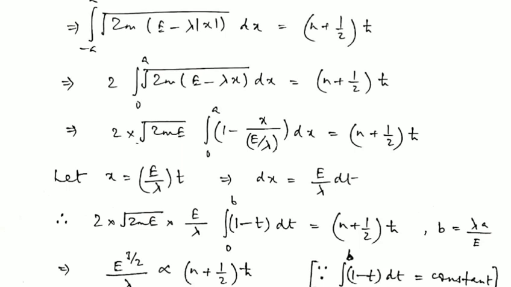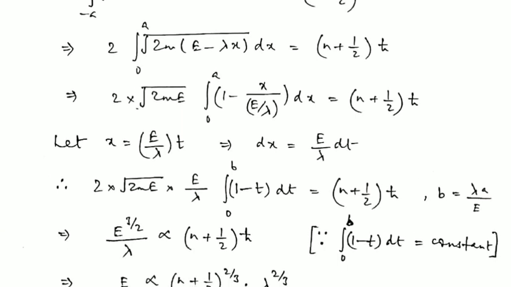We're only concerned about the functional dependence of E with lambda, which can be written from this equation itself as E to the power 3 by 2 by lambda is proportional to n plus half into h bar. Here b, the limit of the integration of 1 minus t dt, is equal to lambda into a by E. This you can calculate. It's a simple calculation. It's a substitution in the integral, and the substitution that we've taken is x is equal to E by lambda into t.